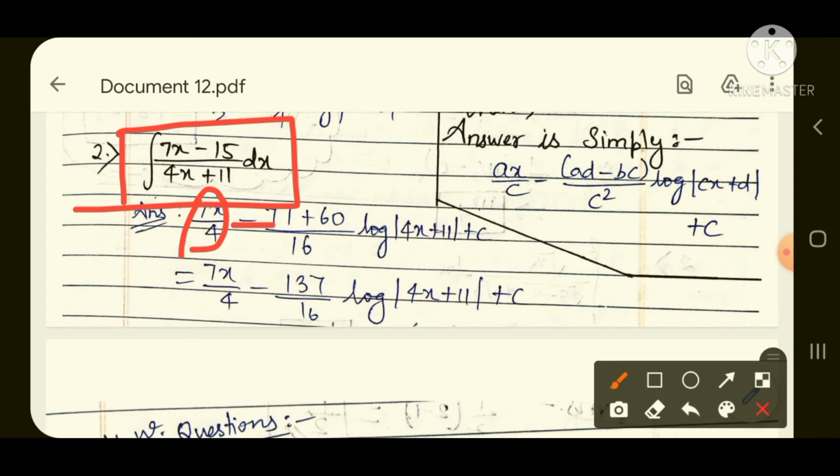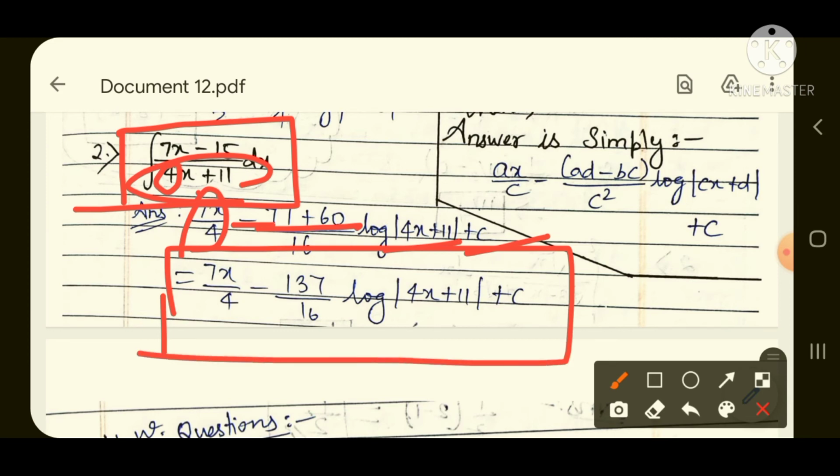Then here 15 times 4 is minus 60. So minus becomes plus. So 77 plus 60 by c square. C here is 4, so 4 square will be 16. Log of cx plus d. Cx plus d is 4x plus 11. Log of 4x plus 11, plus c. So after the entire calculation we get this answer: 7x by 4 minus 137 by 16 log of 4x plus 11, plus c.